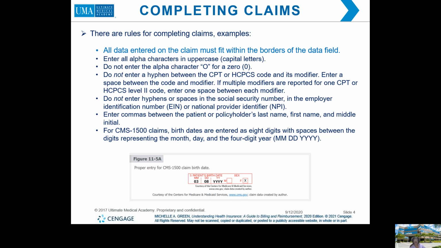Make sure you don't use an O for the number 0. If you're going to put in a CPT or a HCPC, remember what a HCPC is? It's for services that you would not find in a CPT, such as an ambulance code or a DME for a walker or wheelchair. And for a modifier, you wouldn't put a hyphen, which is how you would write it in general.